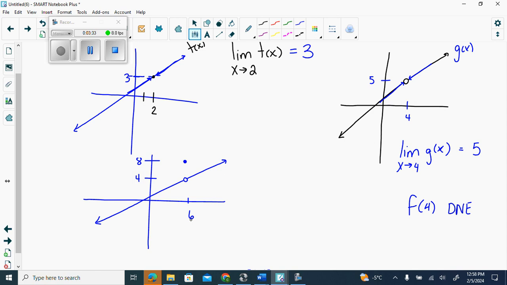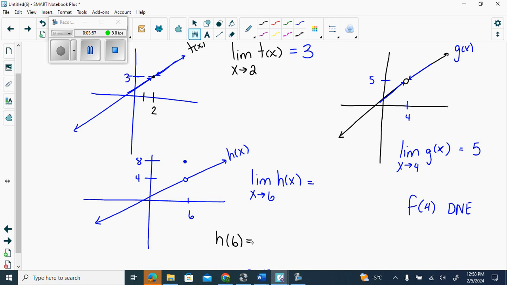Because that's the x I'm looking at. Let's say this was h of x. You can label them whatever the heck I want. All right. The limit is not what the value is. The limit is what it approaches from the left and the right. Well, I'm going to ask you, what is h of 6? h of 6 on the previous one was does not exist. h of 6 does not exist on this one.